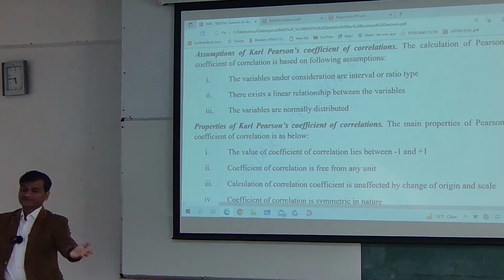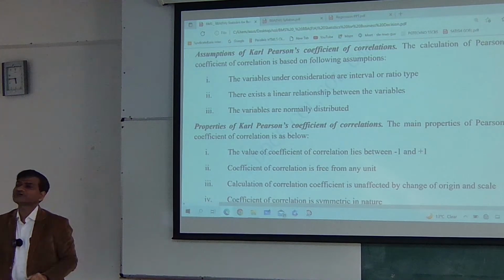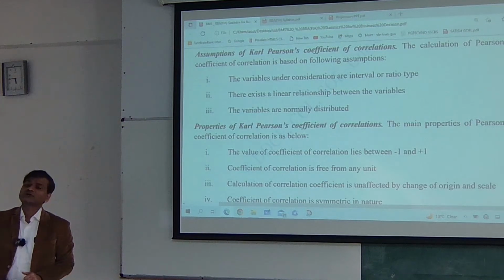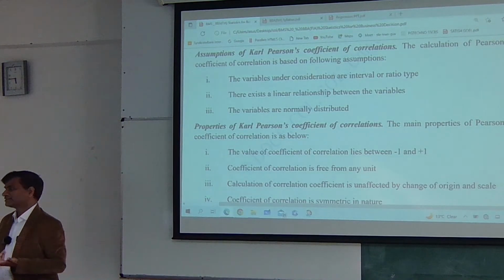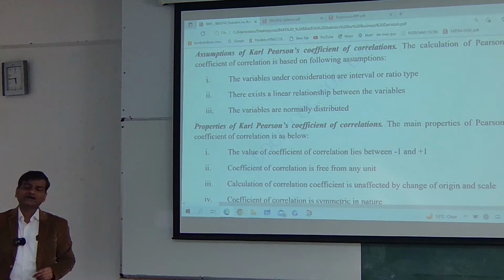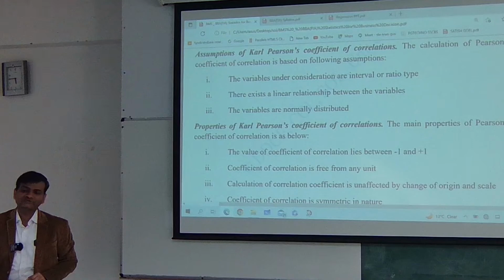So your correlation coefficient may be 0, but there may still be a non-linear relationship between the two variables. If you have some other kind of relationship, it may be there. R may be 0, so always keep in mind that R only calculates the linear relationship.